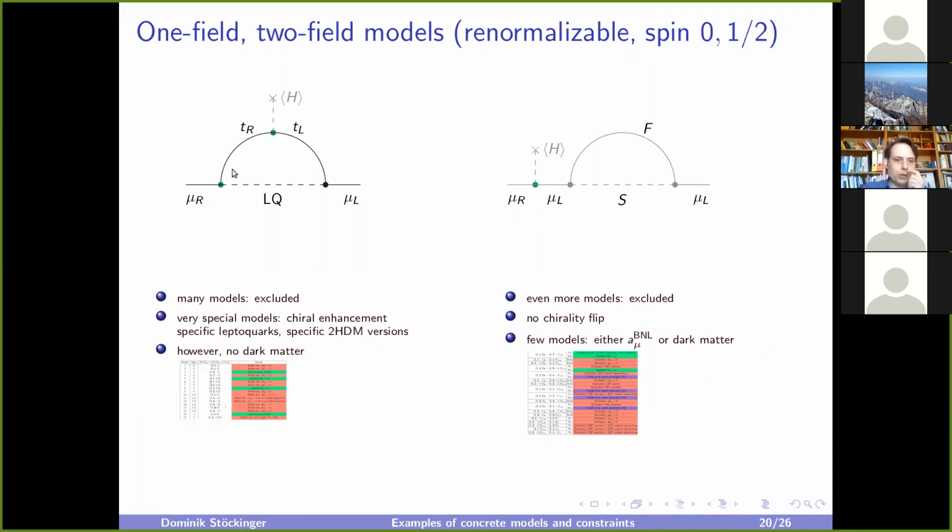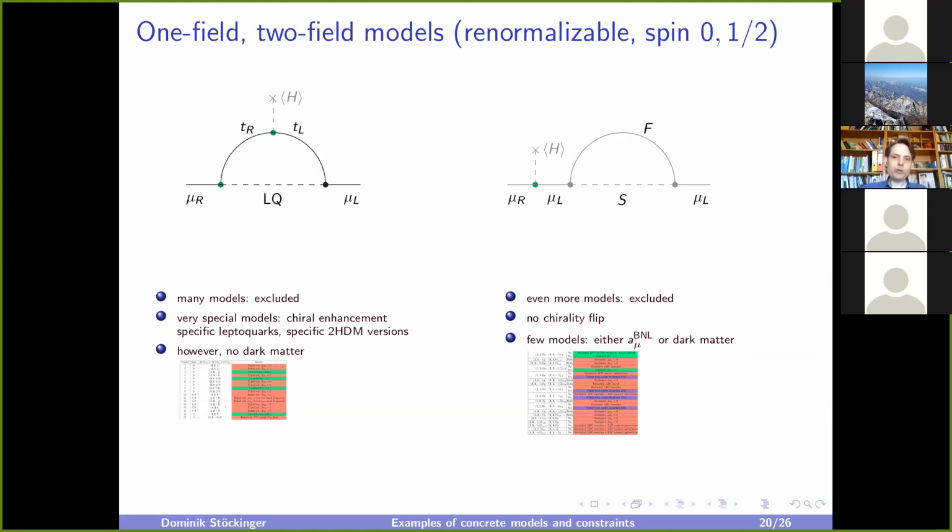And so among the 1 field extensions, you see here a Leptoquark Feynman diagram. This is something that works. Leptoquark is just 1 field which couples to standard model particles and gives rise to large g-2.